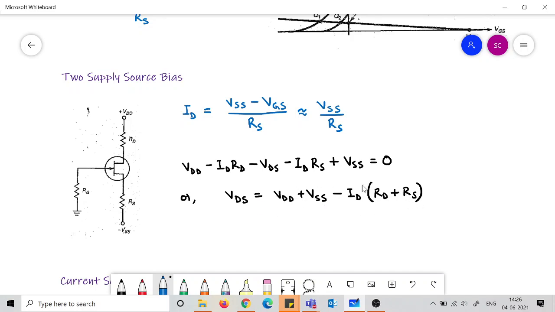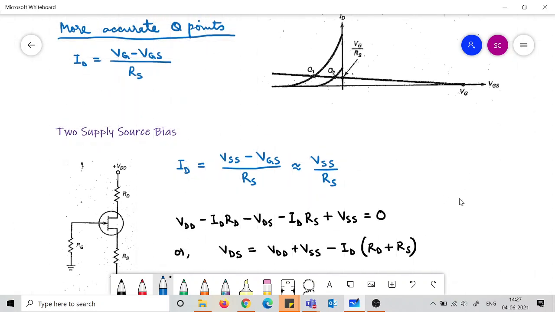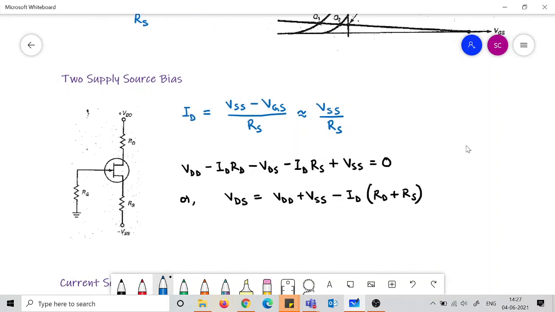So this gives you the load line. The rest of the thing is as earlier, so you can use this load line to plot in the output characteristics curve. You only have to ensure that this VDS is high enough, which you can do by keeping your VDD and VSS high enough, so that this is in the active region.